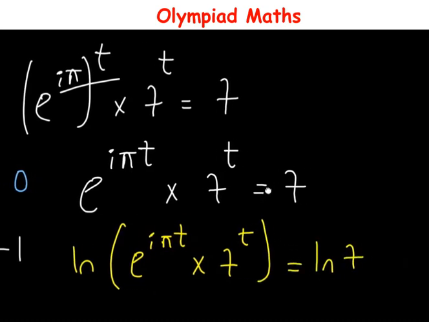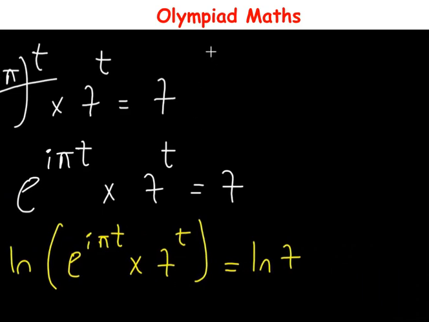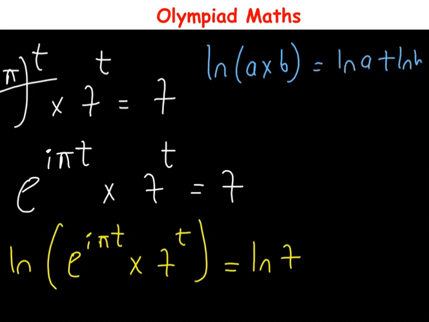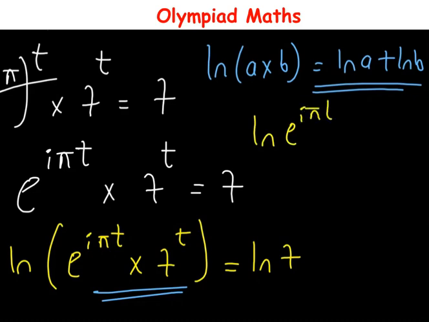Applying the rule that ln of A times B equals ln A plus ln B, we have ln of e raised to power i pi t, plus ln of 7 raised to power t, equals ln 7.